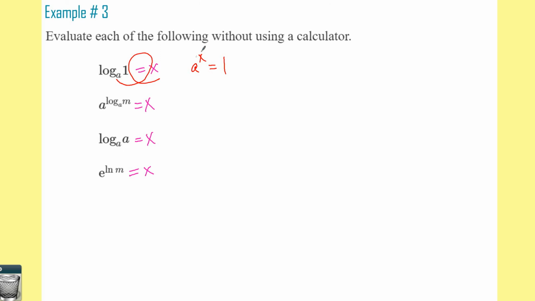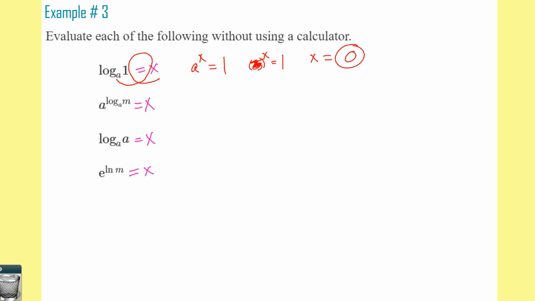So a to what power has to be 1? Okay, so maybe the a is throwing you off, so maybe just put in a number, okay? So 5 to what power has to equal 1? Okay, well, maybe that makes it easier. x has to be 0, right? We don't know if it's actually 5, right? So this really is anything. All right, so x has to be 0.